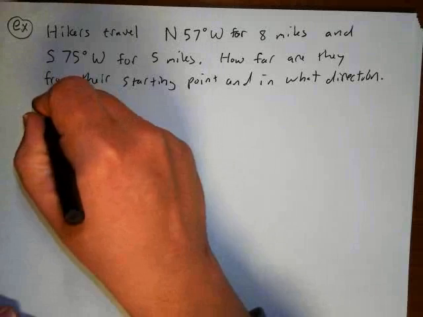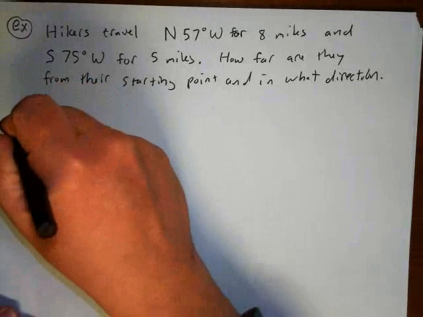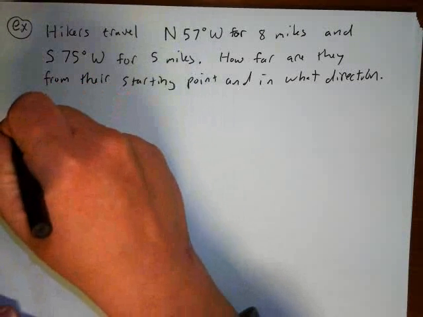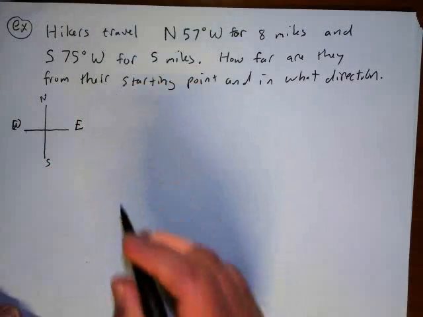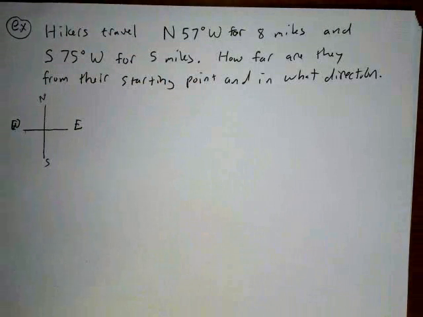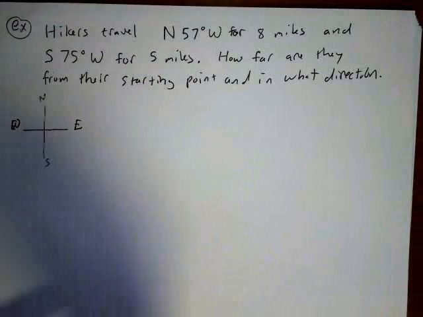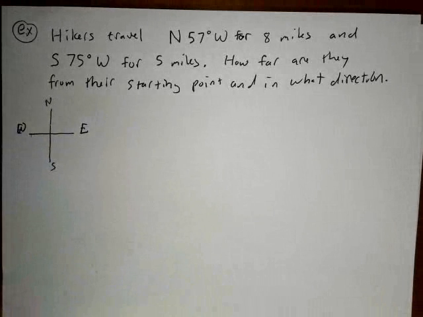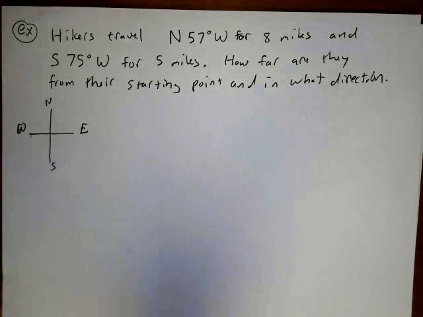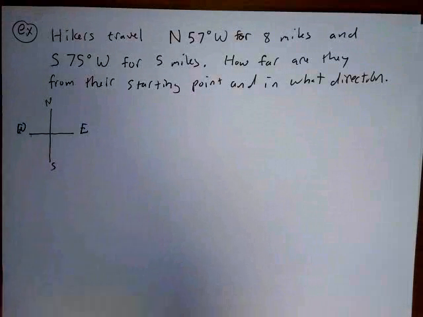Okay, so you have north, south, east, or I'm sorry, west, east. Got to get my directions right. So just got to remember west, east, right? And then you can get the direction there. This is actually easier than the bearings.